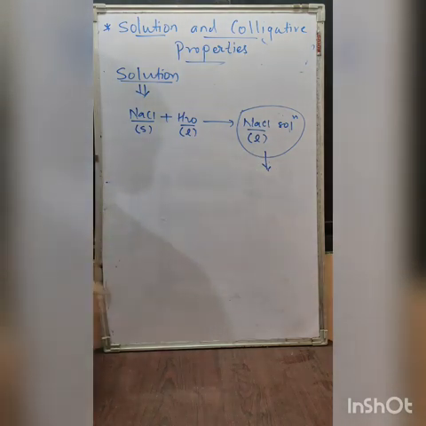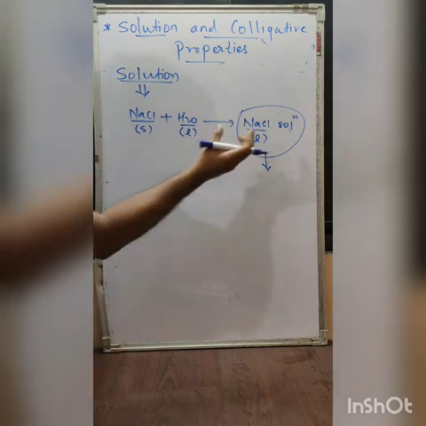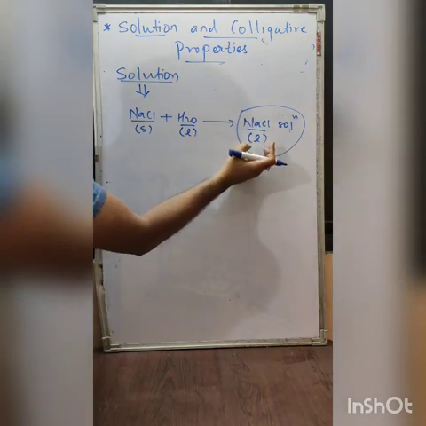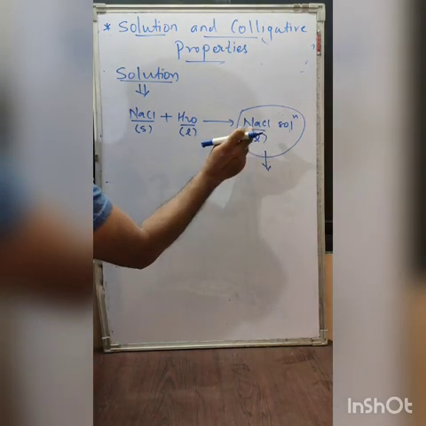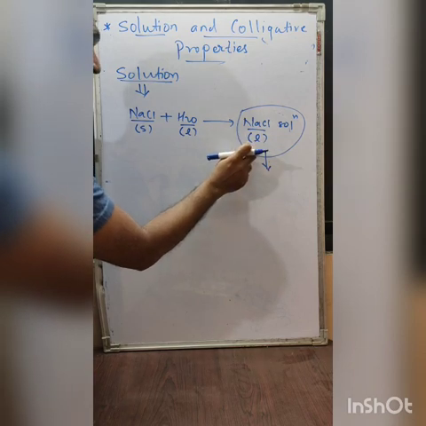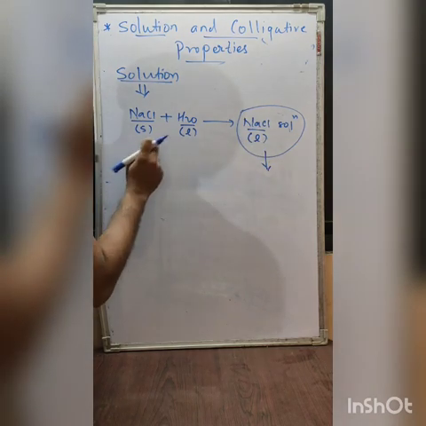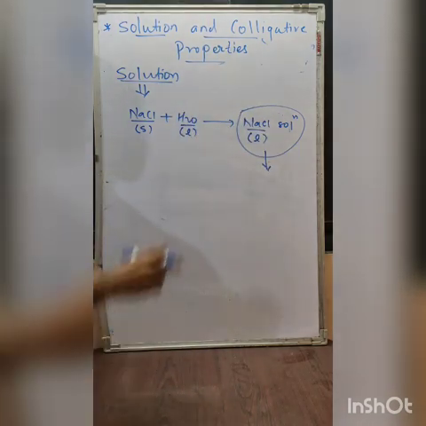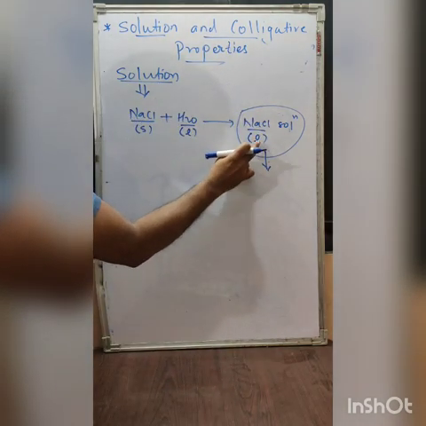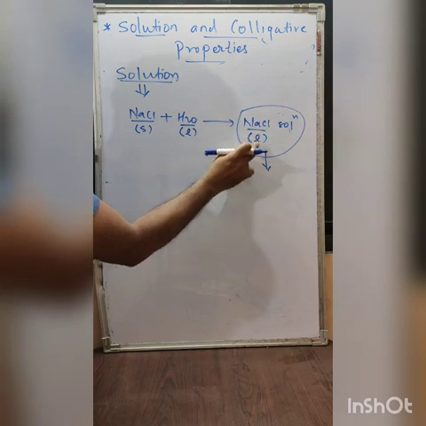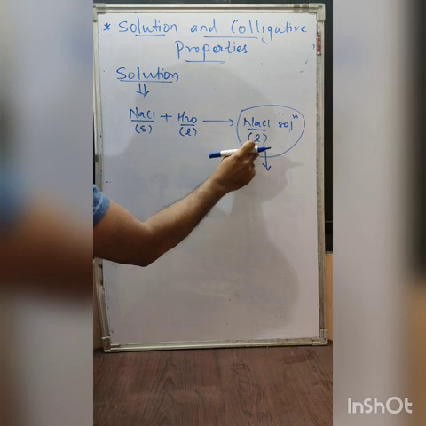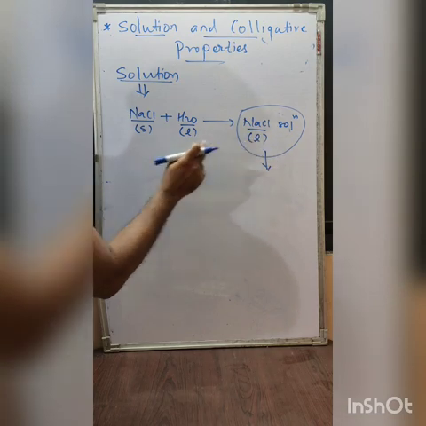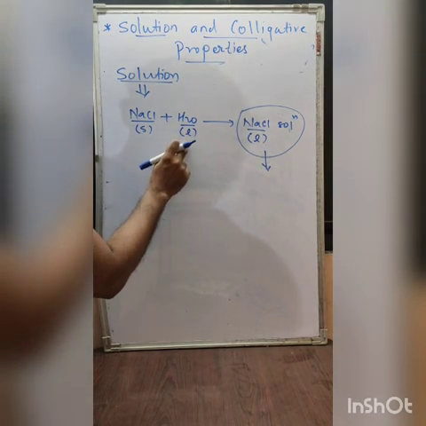So if the solution which is formed occupies the physical state of any of the components, that will be the solvent. Here the physical state of the solution is liquid, the same as that of water.